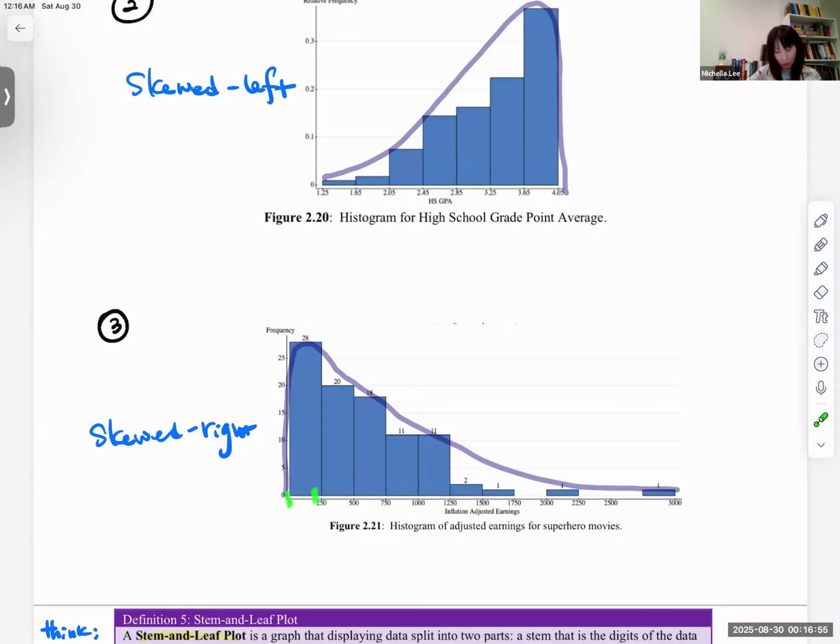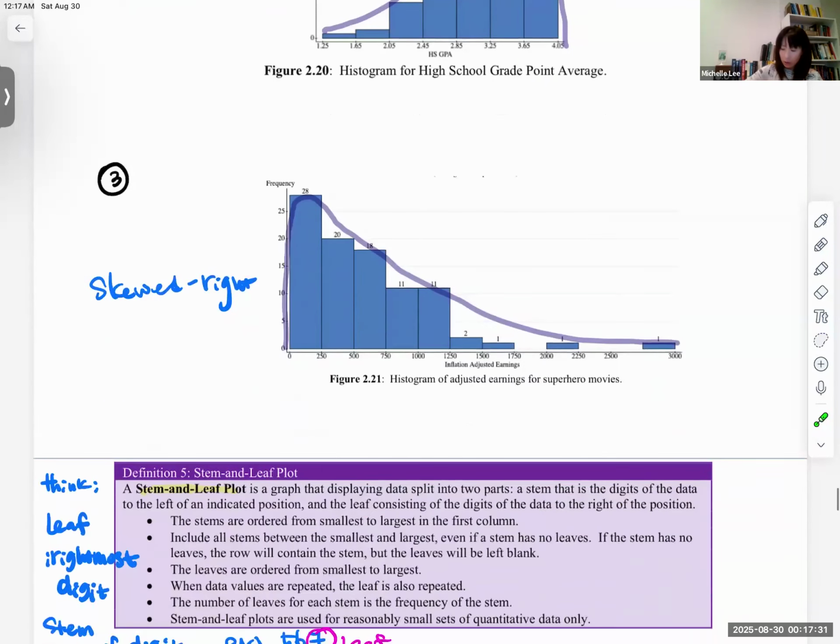So we can assume 100, 150, 140, 200, 210, but that's not the exact value from those 28 data values. Make sense to you? So a stem and leaf plot is good for keeping the original data set, unlike a histogram. With a histogram, we lose the original data set. Make sense? Okay.